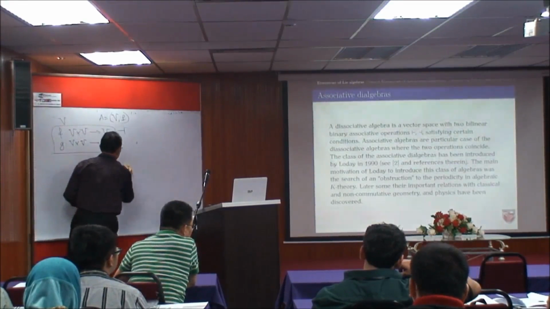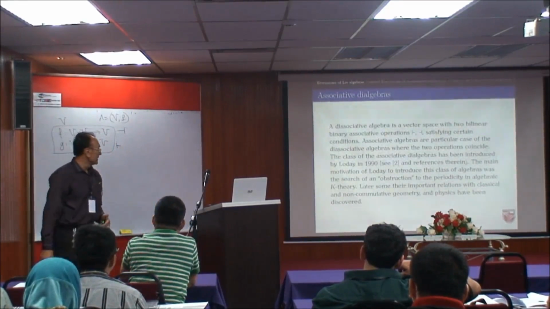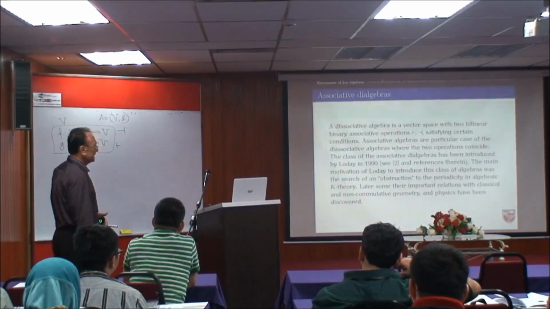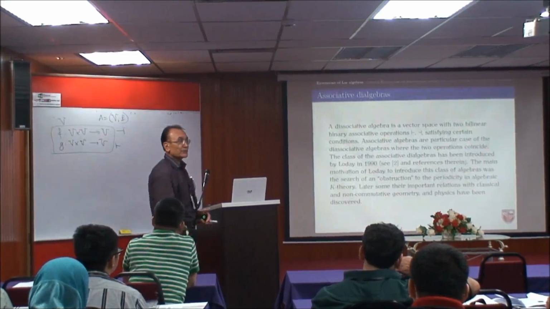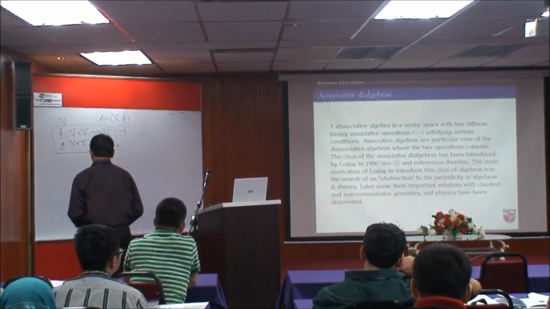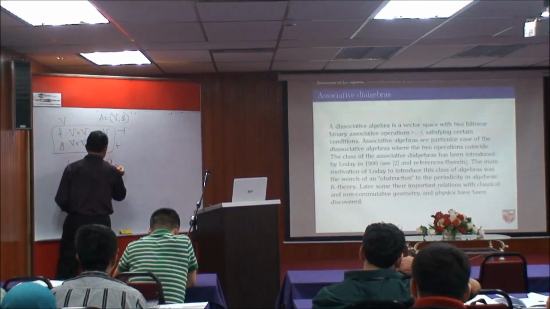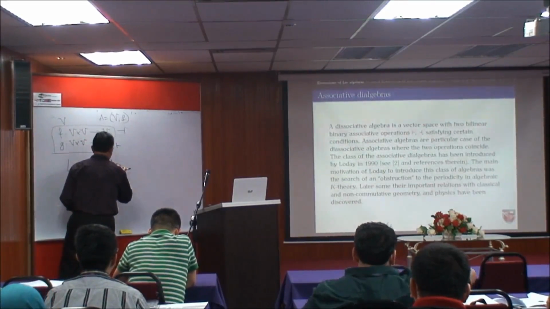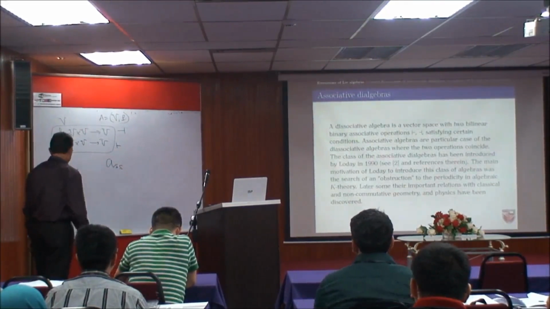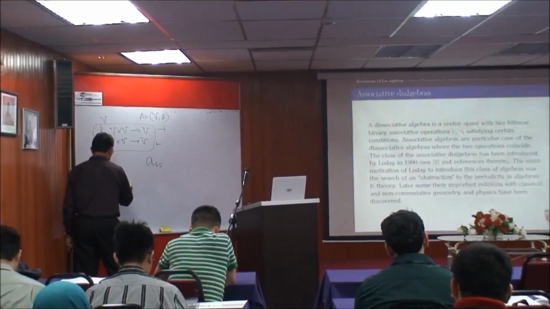Why are these algebras important? Again, because there is a close relationship between associative algebras and Lie algebras. You have Lie and associative algebras. Then there is a generalization of Lie, called Leibniz.